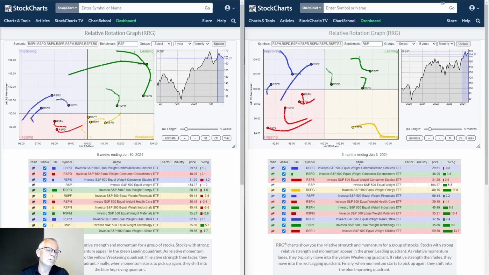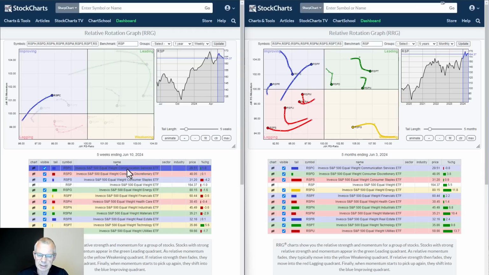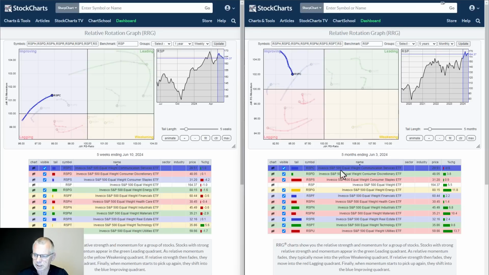And I'm also using the equal weight sectors to better reflect the underlying rotations in the market, not so dominated by only a few stocks. Let's work our way through it. I've ranked them on their name, so we can take a good look.